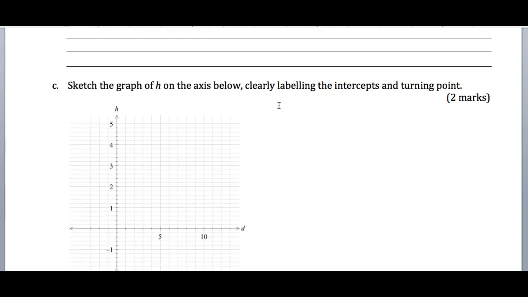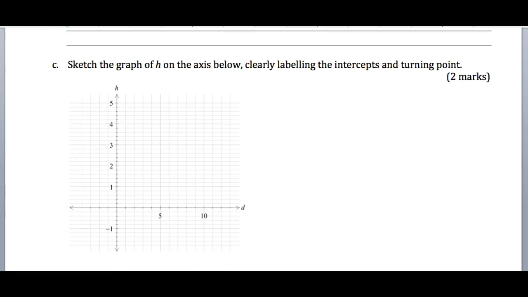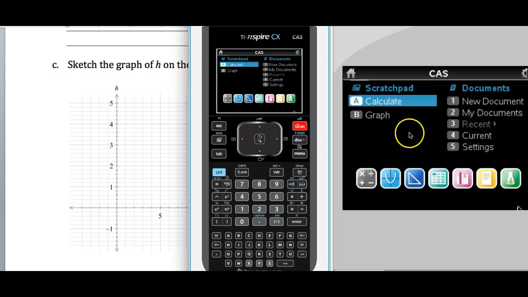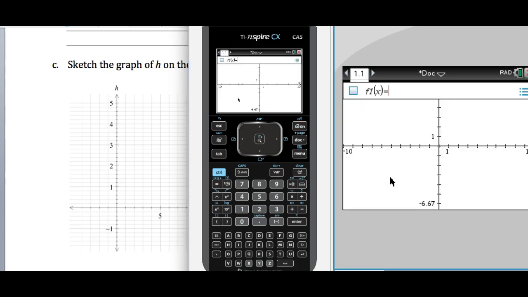Okay, sketch the graph of h on the axis below, clearly labelling the intercepts and the turning point. So remember, you can put this on your calculator. So let's put this on our calculator quickly. Graph. Now remember, in your calculator, you're doing things in terms of x and y, not h and d. So the f1 of x is your y. So we're now just going to have x minus x squared on 12.